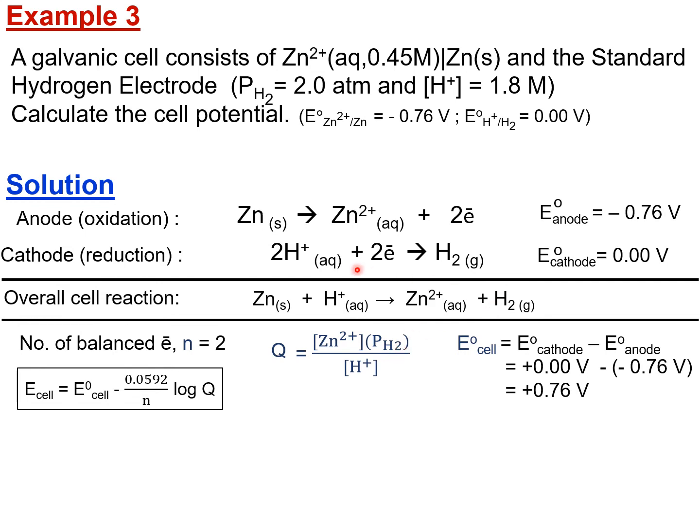Because why? If you look at the overall cell, Q ni depends pada overall cell reaction equation tau. So if you look here, you can see that dekat produk kamu ada hydrogen gas dengan Zn2+ aqueous. Dekat reactant kamu ada H+ aqueous dengan zinc solid.